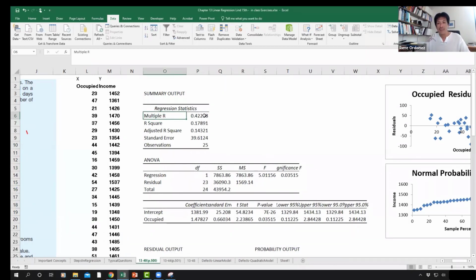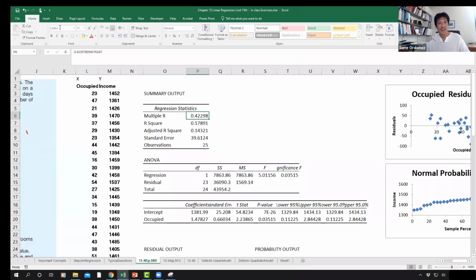This number here, over here, this was the correlation coefficient, or R.